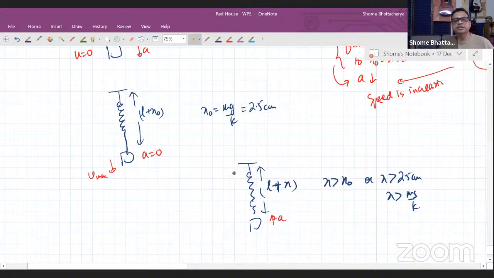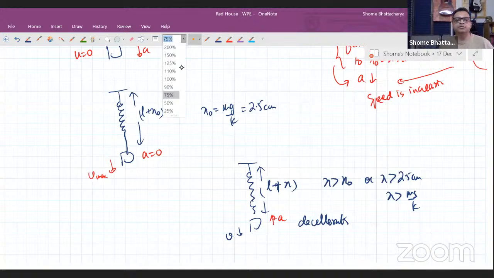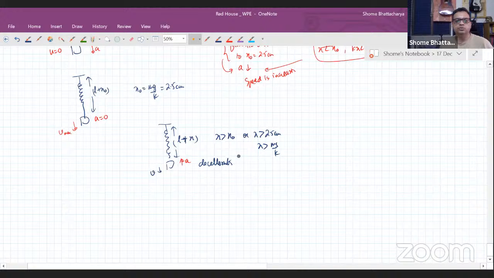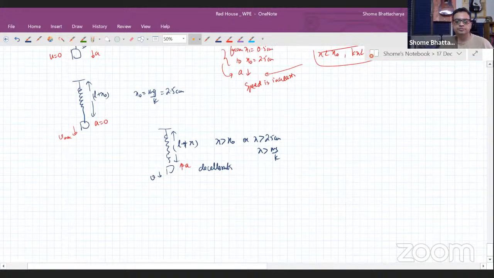So it will start decelerating again. So that is why it will reach the maximum speed at what value of x? At the equilibrium value of x, that is x naught equal to 2.5 centimeters.